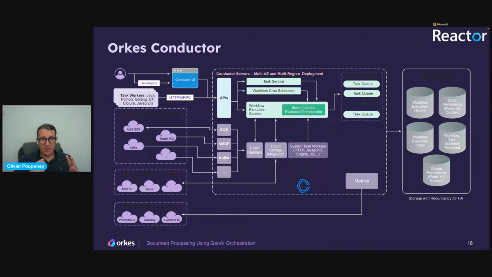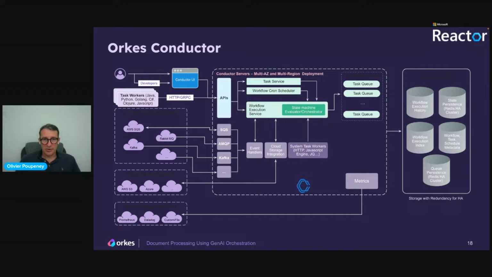There is a lot of openness through the API to what we call the task worker, when a task needs to be written by code, and everything can be coded in any language there. But also, if we want to integrate with external systems through events, there are a lot of possibilities here to connect to all of the messaging systems like SQS, Kafka, RabbitMQ, and so on.